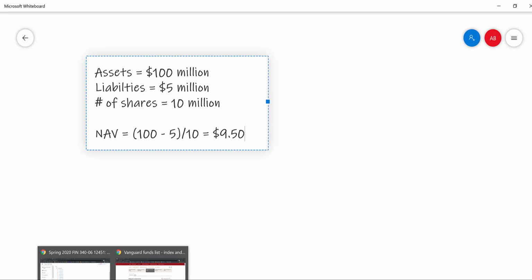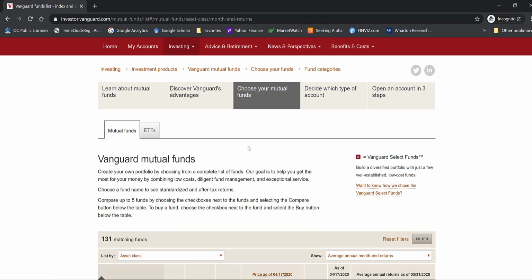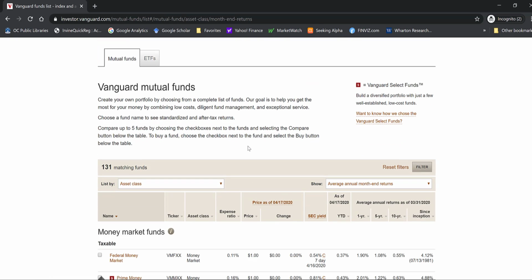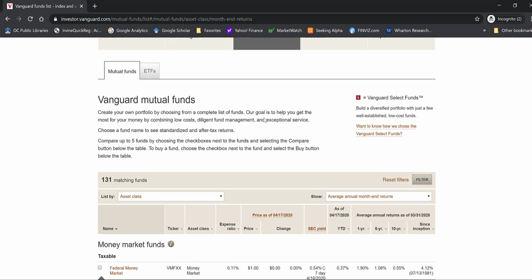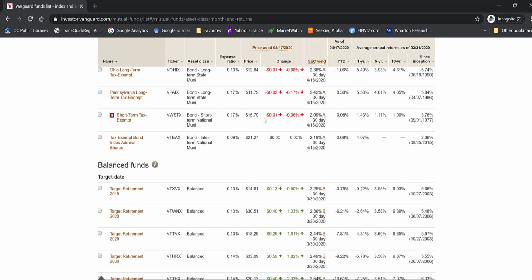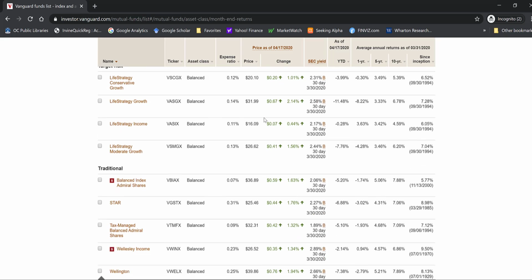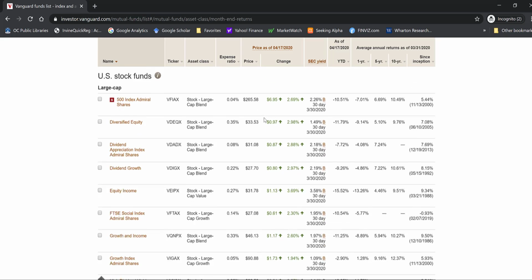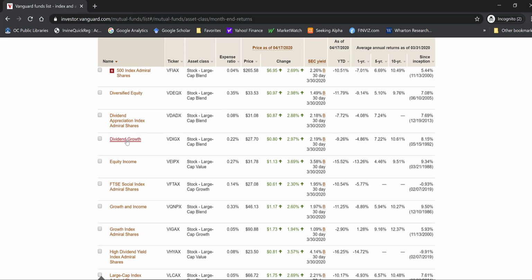So let me actually show you an example here. I'm going to use the example of a Vanguard mutual fund. You can choose any other mutual fund, and you can find similar type of information. I'm just randomly choosing a Vanguard mutual fund here. Let me find an equity fund here. So let's say I choose this dividend growth fund.